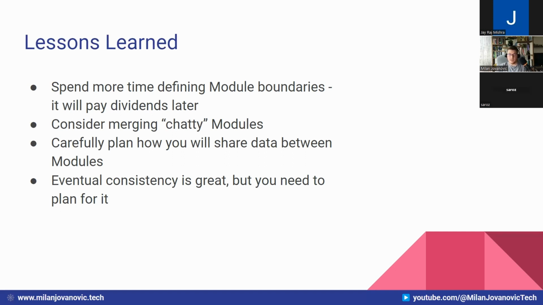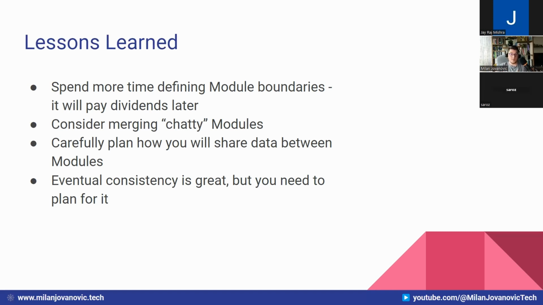And if none of that is possible, then you probably need to consider how you're going to be immediately consistent. So one straightforward solution is merging your modules, putting them into a single module, and then enjoying the benefits of transactions and immediate consistency.